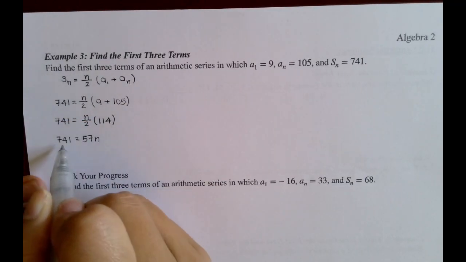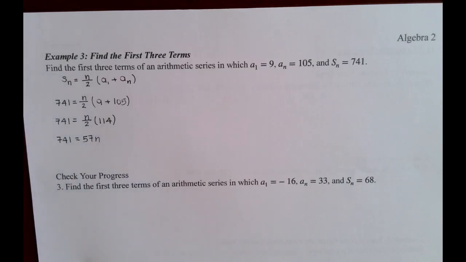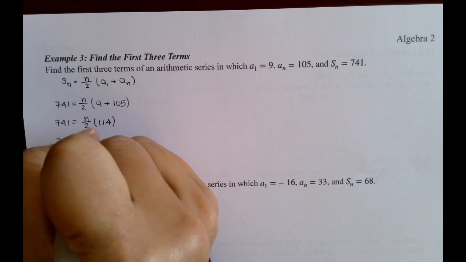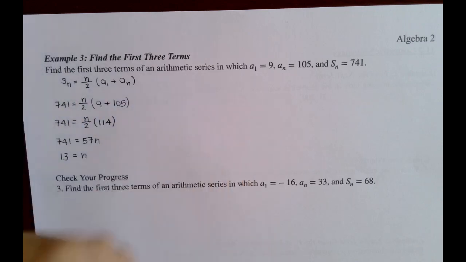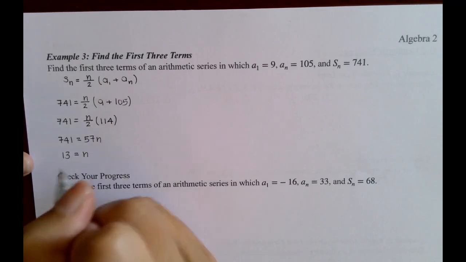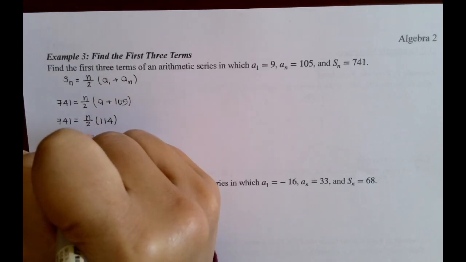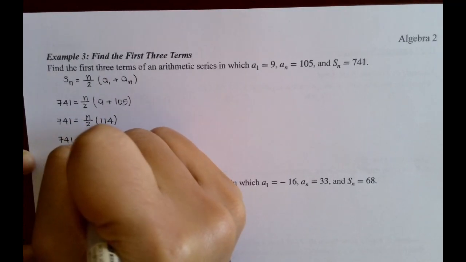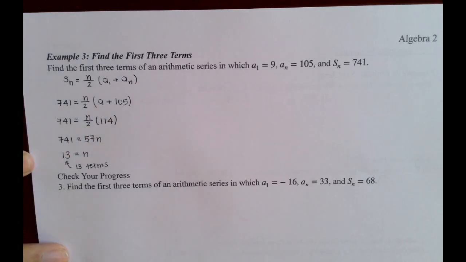And then I'm going to divide by 57 on both sides. And 741 divided by 57 is 13. So my first step is to find out how many terms were added. So there are 13 terms that were added together.